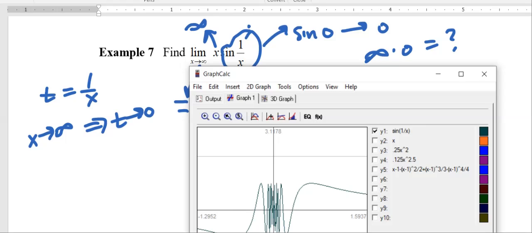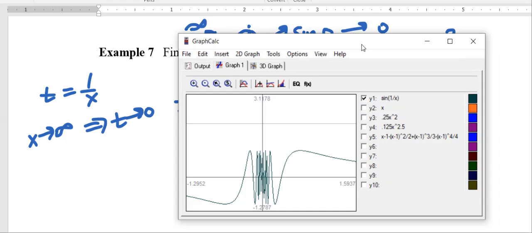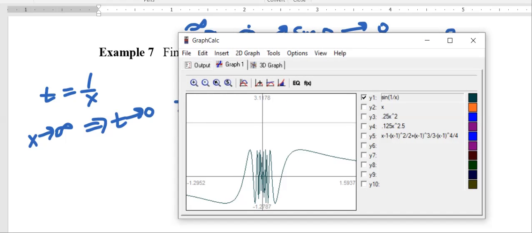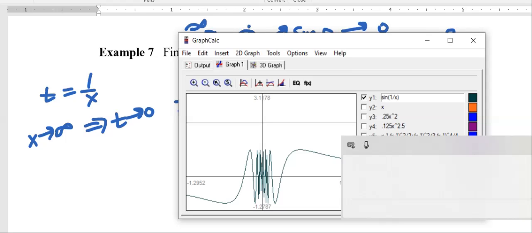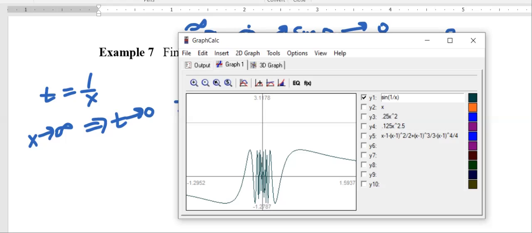Now I have in here a 1 over x. By the way, here's that form that we showed, what happens to the sine of 1 over x as x goes to infinity. You can see it heading downward this way. It's heading down to 0. But anyway, I'm going to put an x in over here, and then let's see what that graph looks like.